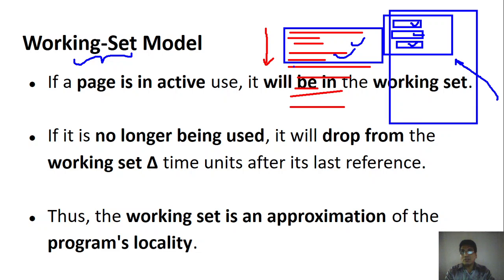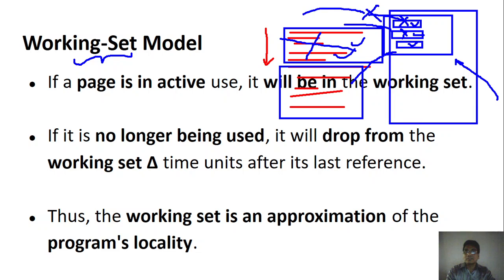Now, as the program proceeds, what happens? Some of them may not be required. As you go down and down, some of them may not be required. So what are they? They are non-active pages. Remove them from the memory. Okay, hope you get it. As the program proceeds, new pages are required. Remove the non-active pages and keep the active pages in.